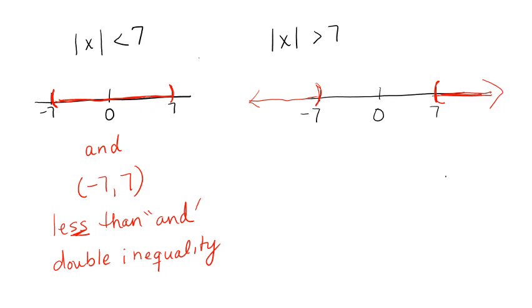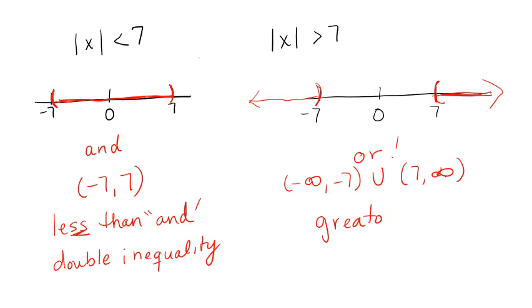That's greater than 7. So what does that look like? A greater than. All right, so -infinity to -7, union 7 to infinity. That is an or. So the way I think of it is great or, which I know that's not how you spell greater, but great or than.